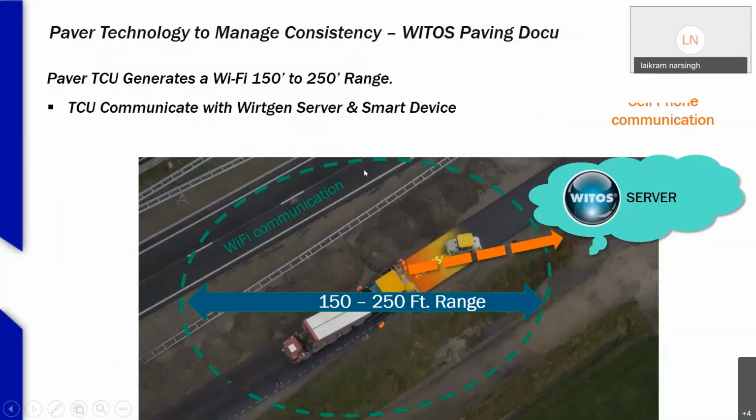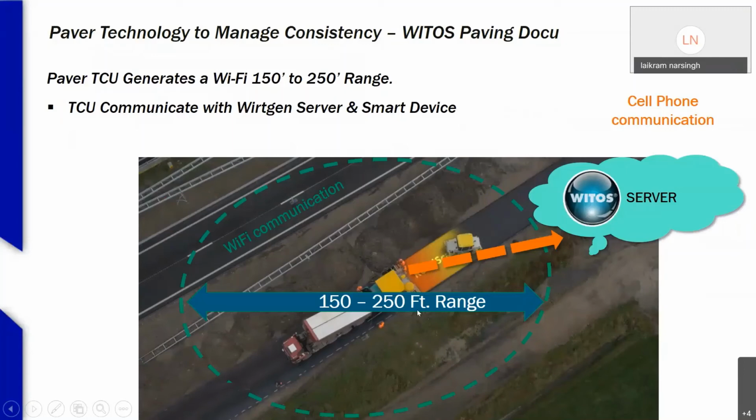Let's take a look. The paver has a TCU built into it that generates a Wi-Fi within a 150 to 250 foot radius. The TCU communicates directly to a Wirtgen server through a cell communication, and the TCU communicates to the smart device through Wi-Fi on the job site.